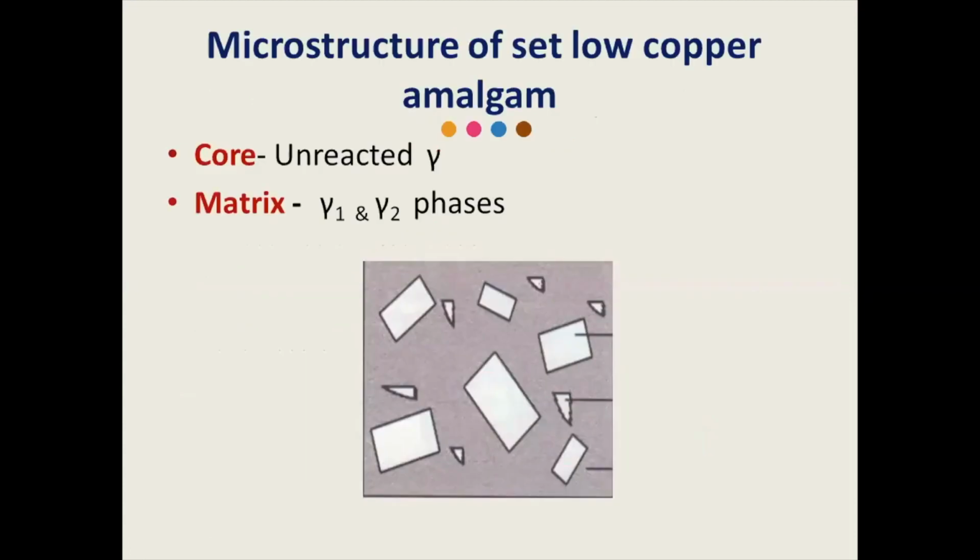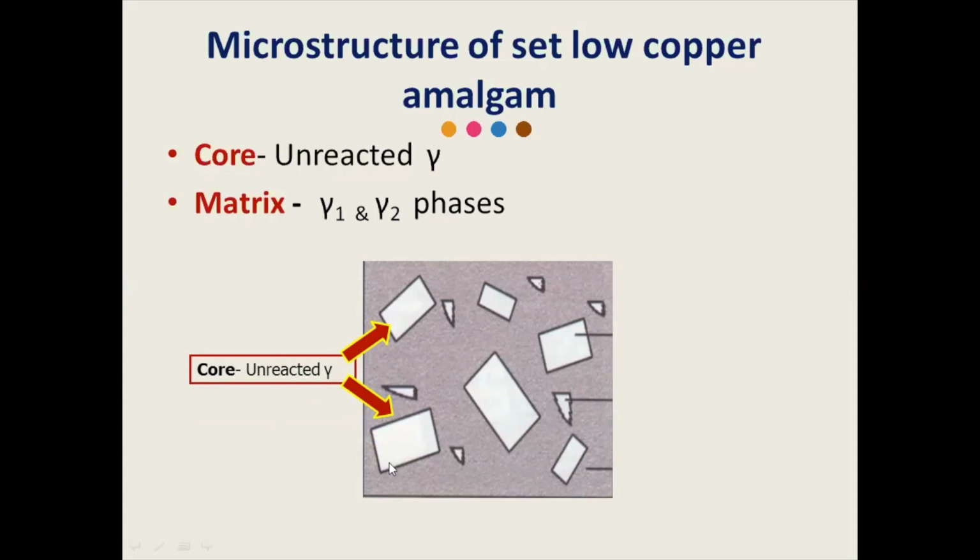Now the microstructure of set low copper amalgam. How it will be seen when you see the cross section. So whenever the microstructure is asked, you will have to write about the core and the matrix. The core is formed by unreacted gamma particles. You can see in this picture, you can appreciate these are the regular shaped particles.